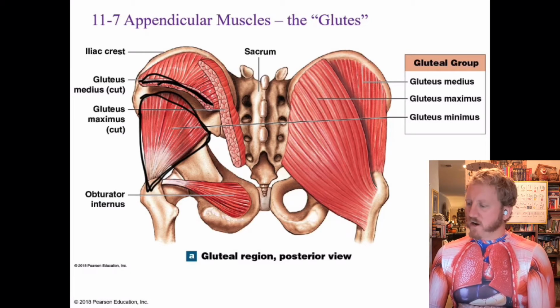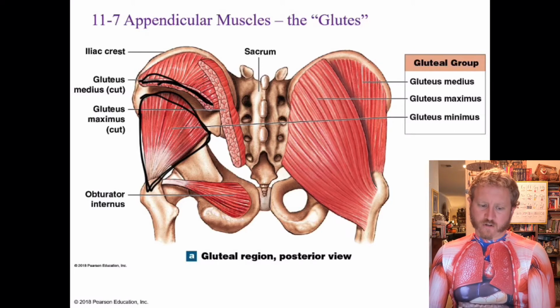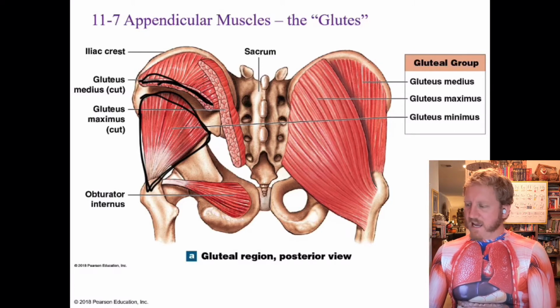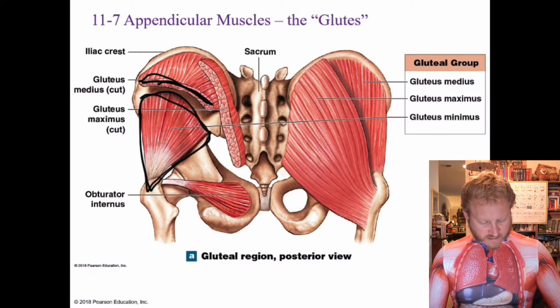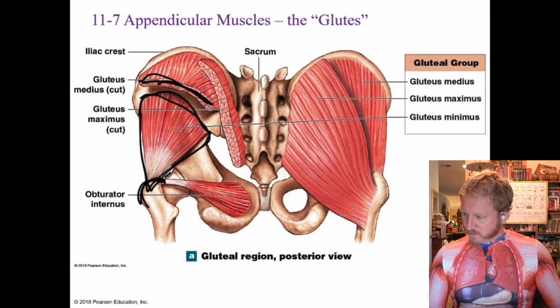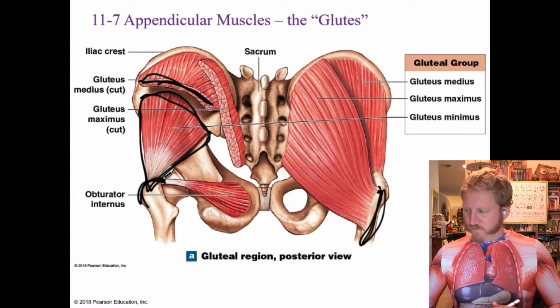They originate anterior to the gluteus maximus, and they insert on the greater trochanter of the femur, so you can see that spot right here. And you can see the gluteus maximus is inserting on a different part of the femur.